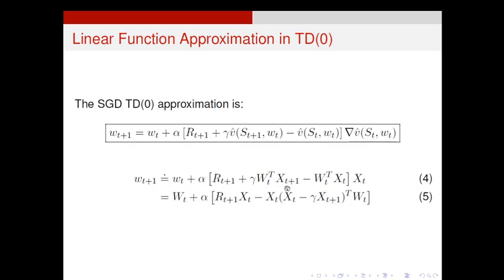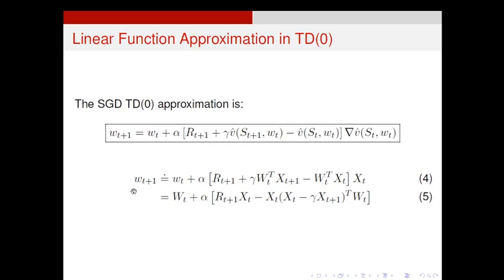Then I use a matrix manipulation: I take Wt outside, and this expression changes to the transpose form, so Xt minus gamma into Xt plus 1 transpose. This is simply a matrix manipulation. My aim is to express this weight updation in terms of the difference of these X values, because it has some advantages.